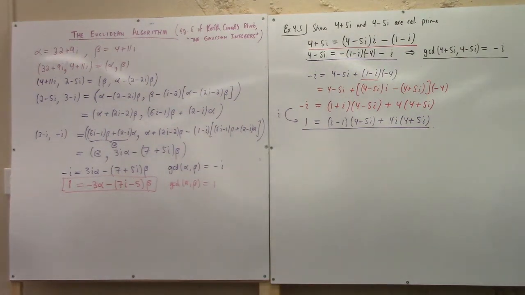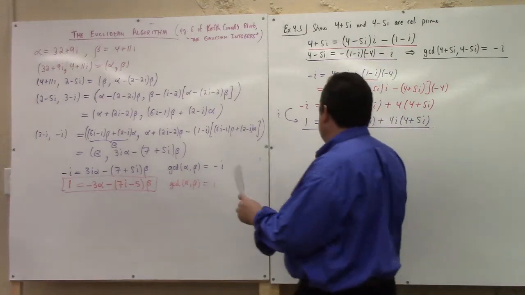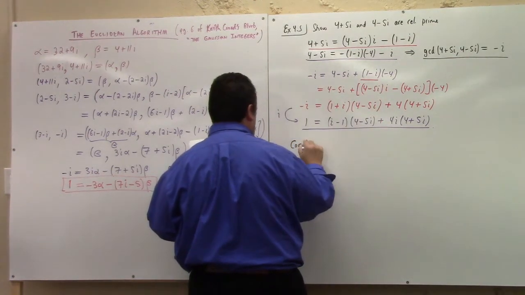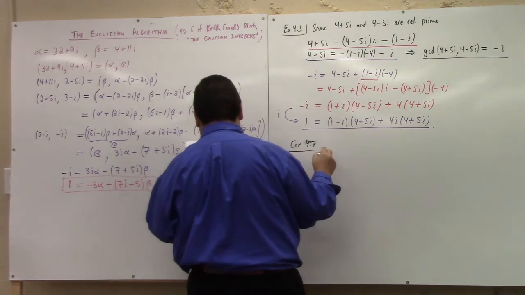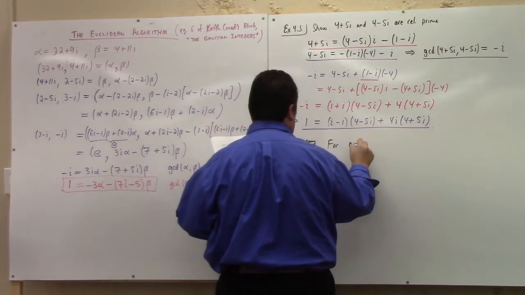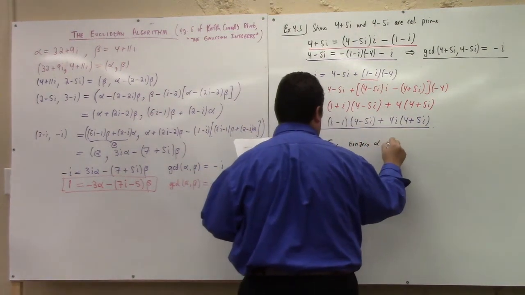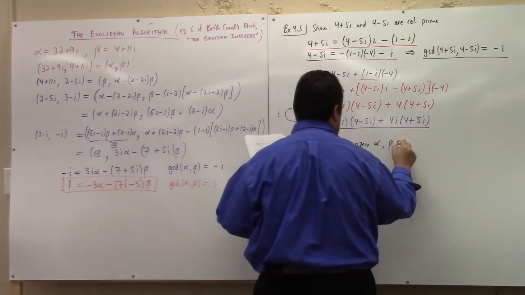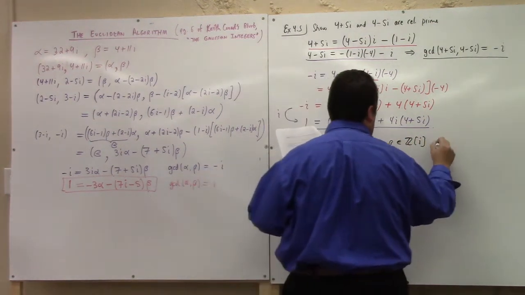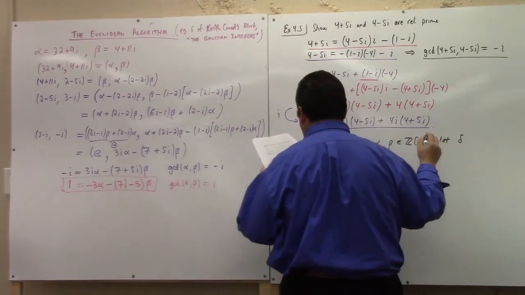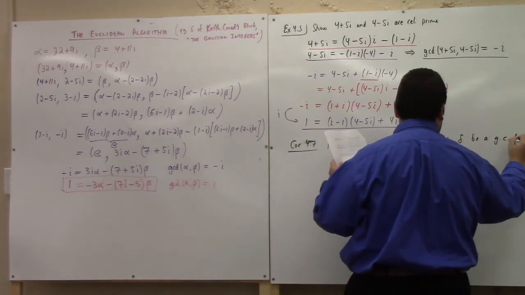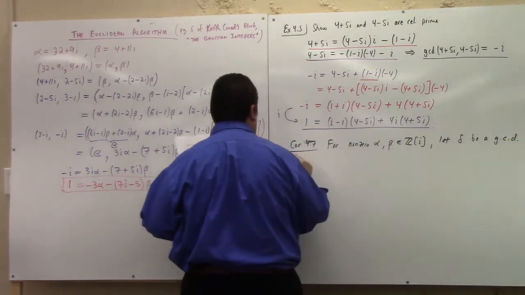So a corollary, 4.7. It says for non-zero alpha and beta in Z[i], let delta be a GCD produced by Euclid's algorithm.